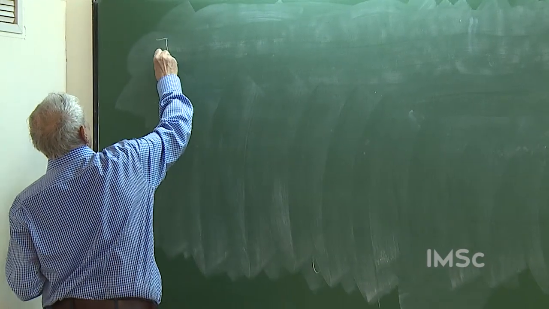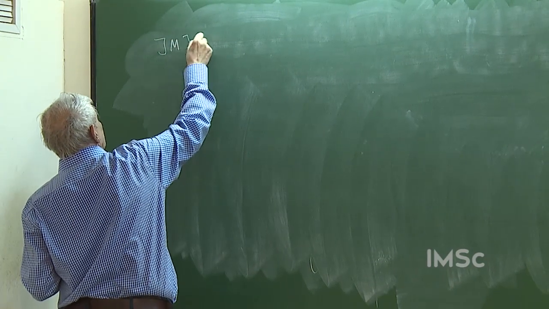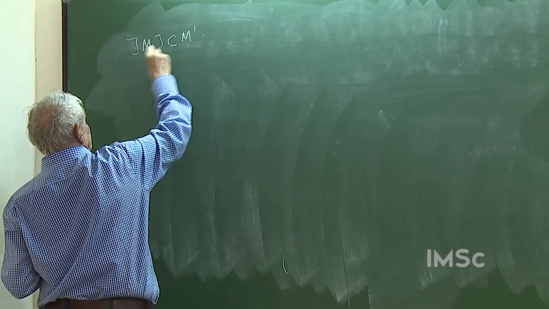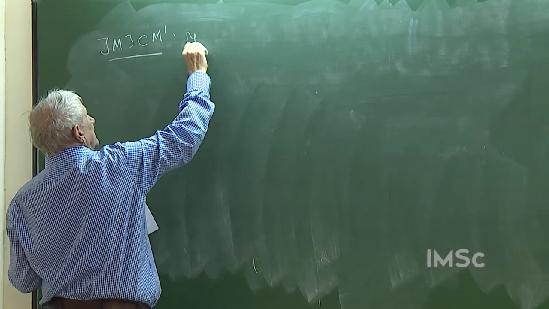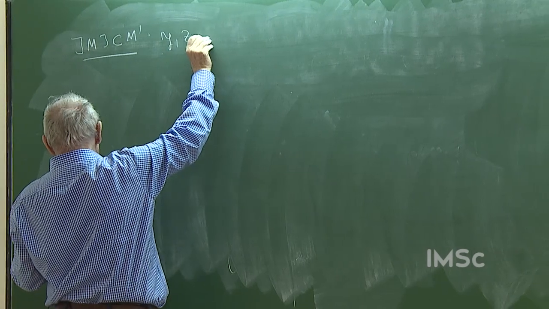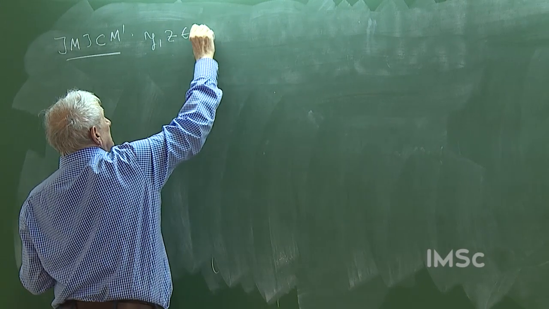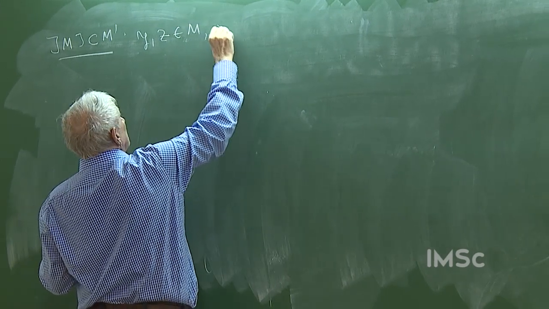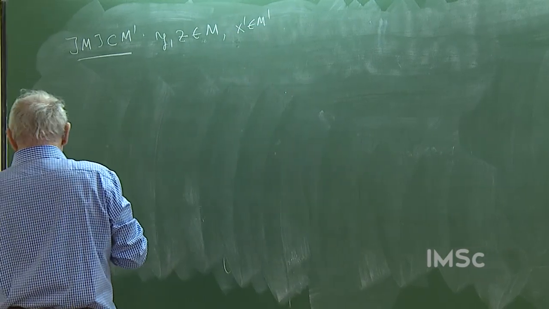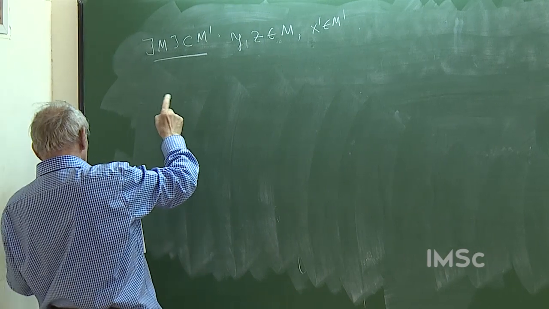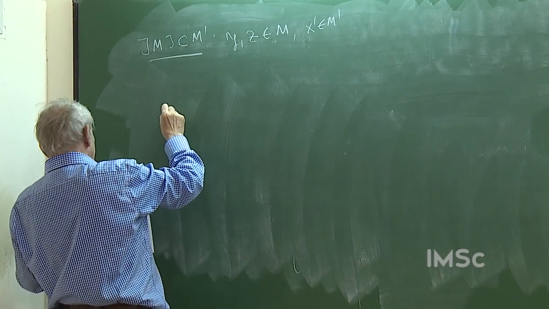So what we want to show is that J M J is included in M prime. And for this, I will take Y, Z in M, and X prime in M prime, and I make the following computation.